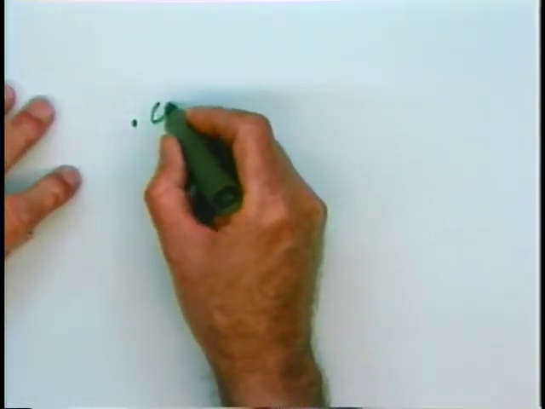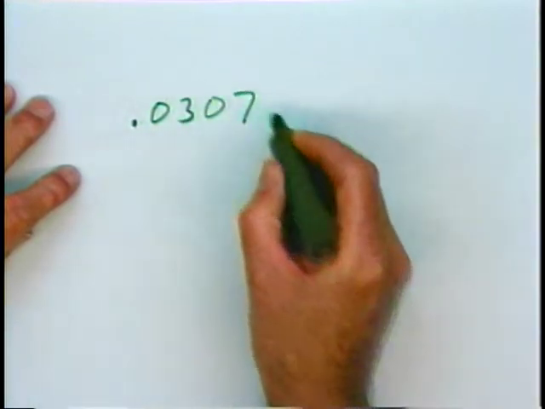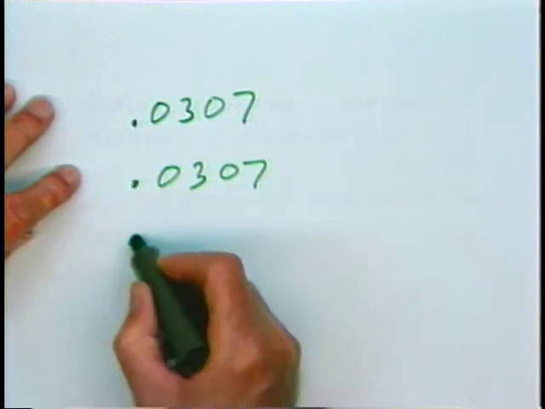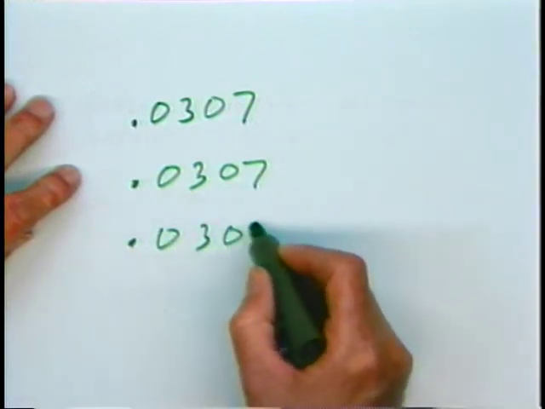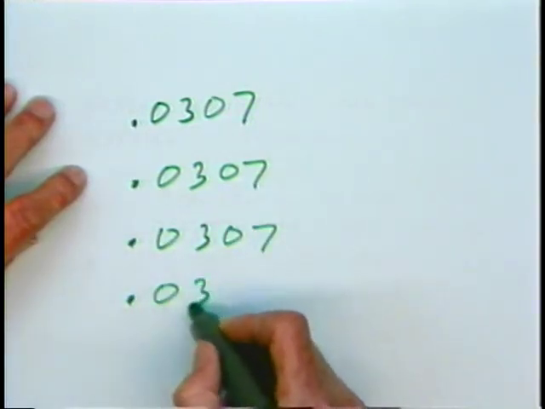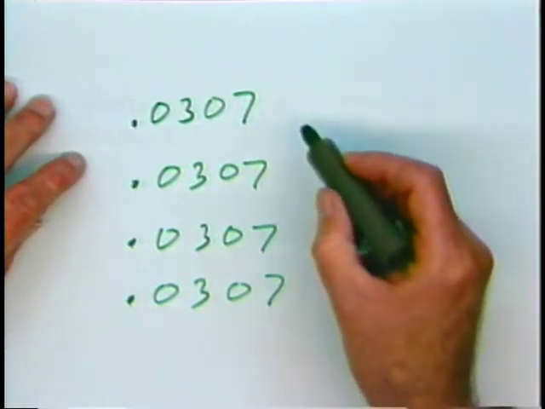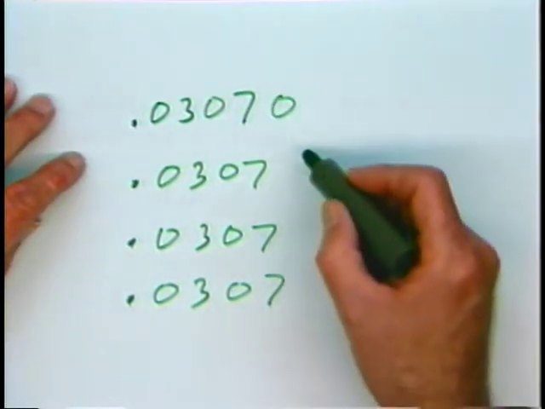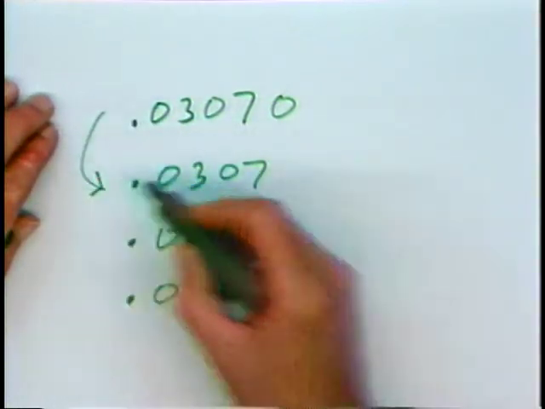That is, if I have a decimal like this, and let's get several copies of them. Appending extra zeros on the end will not change it. It still is the same as it started with.